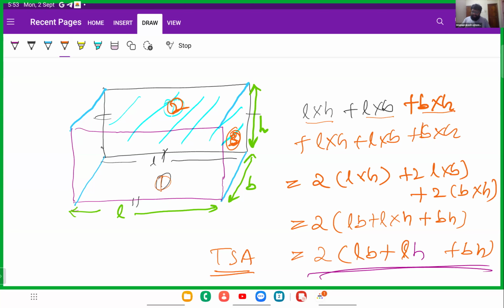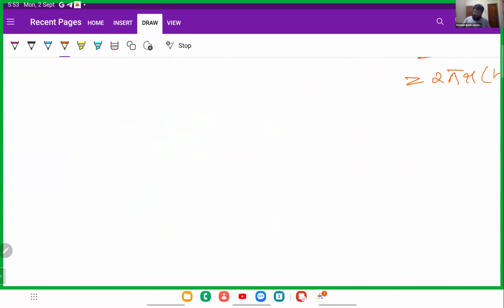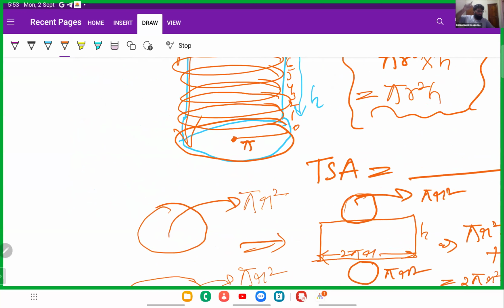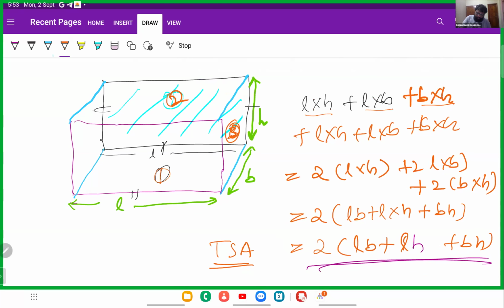In lateral surface area, we will exclude the top and the bottom of the surface. The rest of all the surfaces, if you add, is the lateral surface area. So this is top, suppose, and this is bottom.